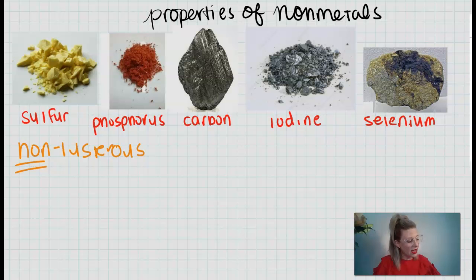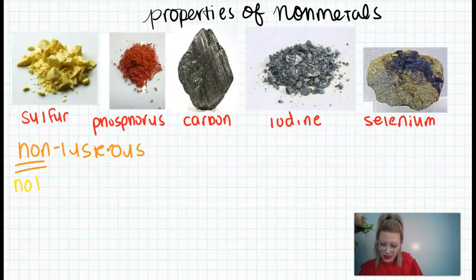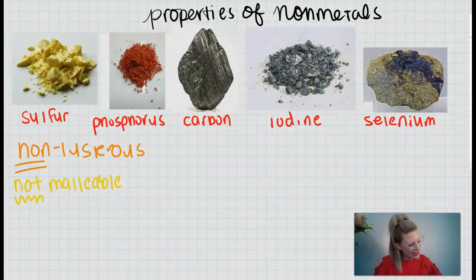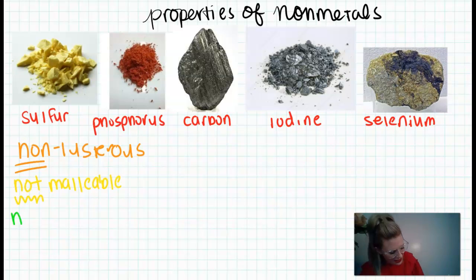Okay, our next property for nonmetals is that they are not malleable. We cannot take these and pound them into thin sheets of matter like we can with the metals. Okay, the next one is that they are not ductile. You might be saying, this is an interesting list.